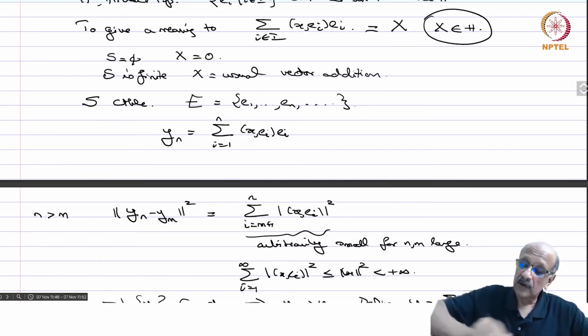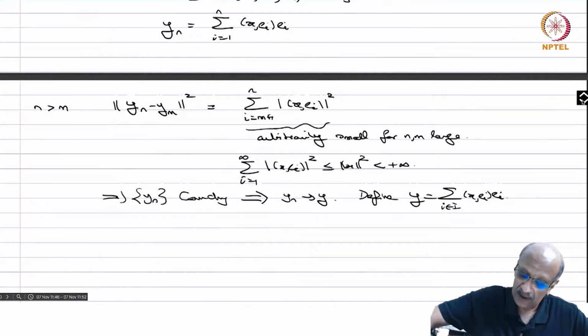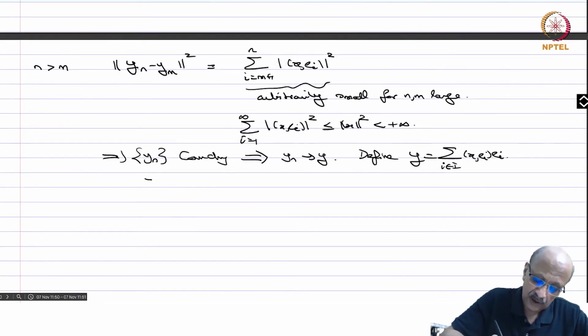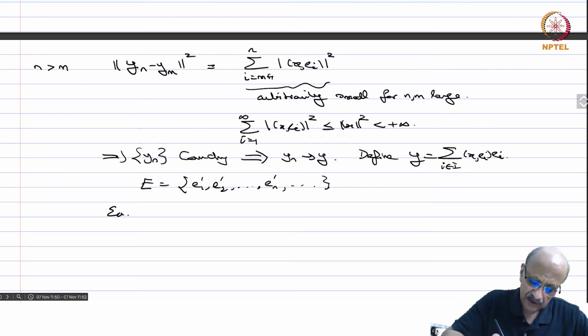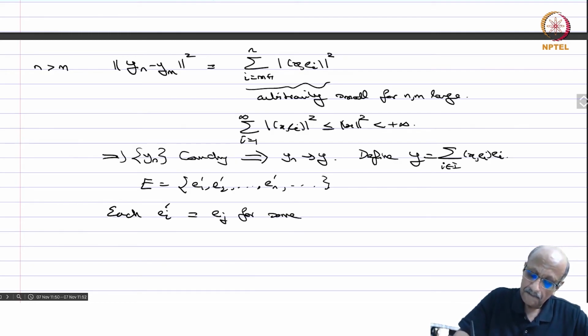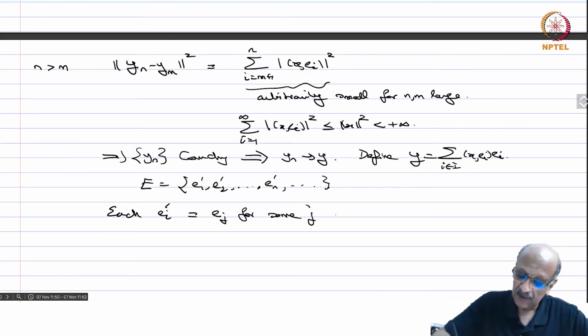So now let us say we have renumbered E. So let us say E is now written as some e_1', e_2', ..., e_n', etc. So each e_i' equals e_j for some j, and vice versa.